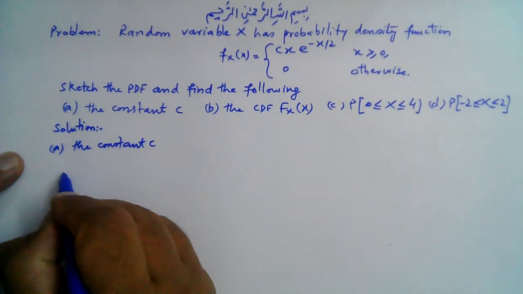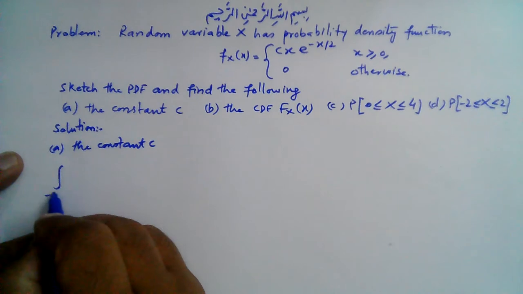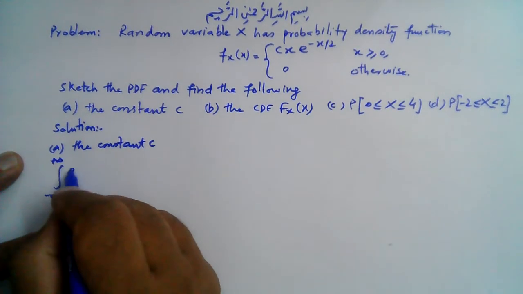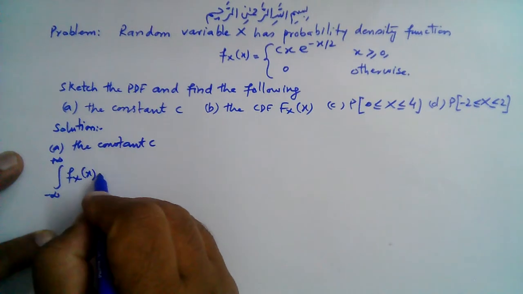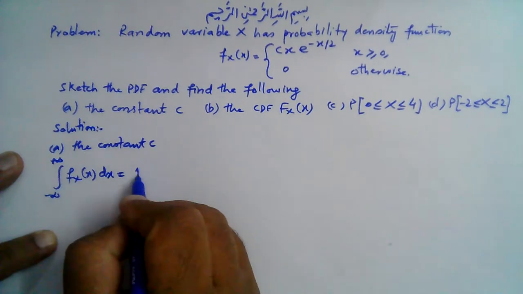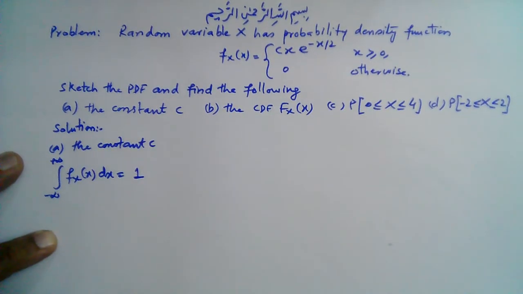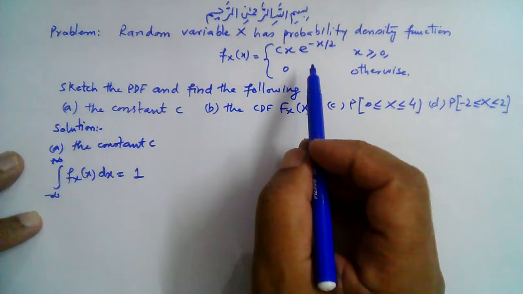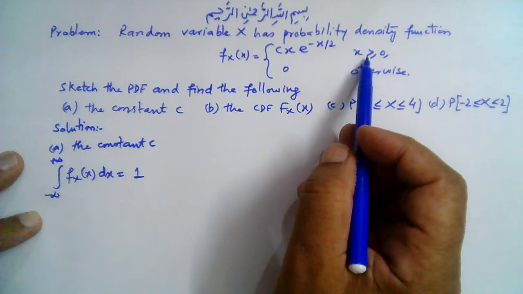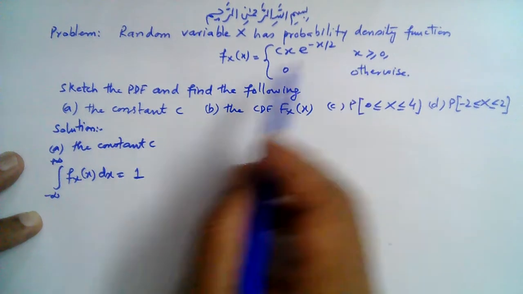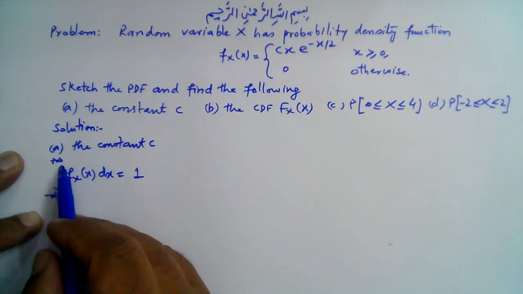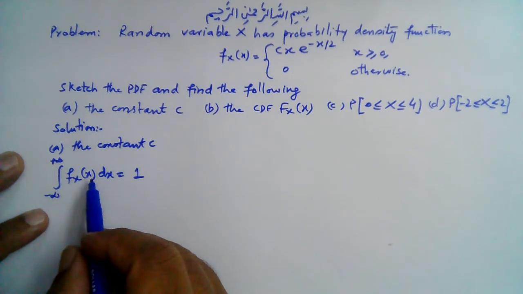So the integral, for example, from minus infinity to plus infinity of the PDF is equal to 1. So in this case, we see that it is only x is greater than or equal to 0. So we can divide this integral from minus infinity to 0 and then 0 to plus infinity into two parts.